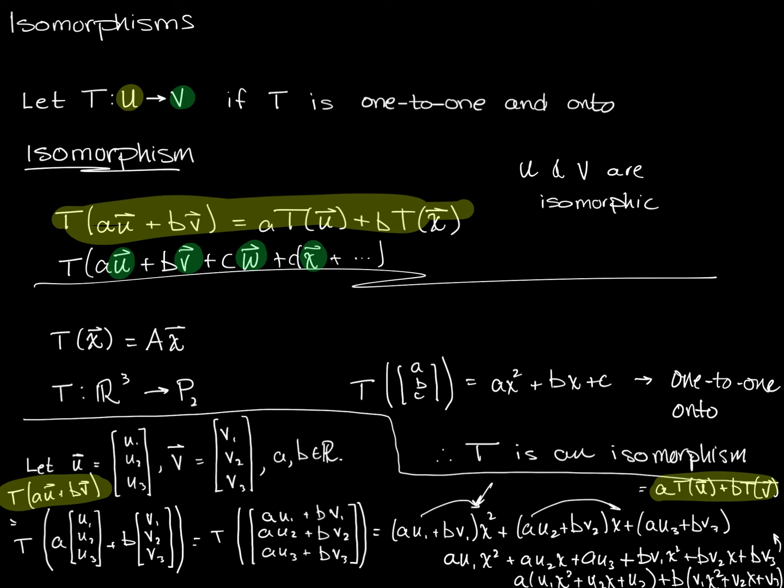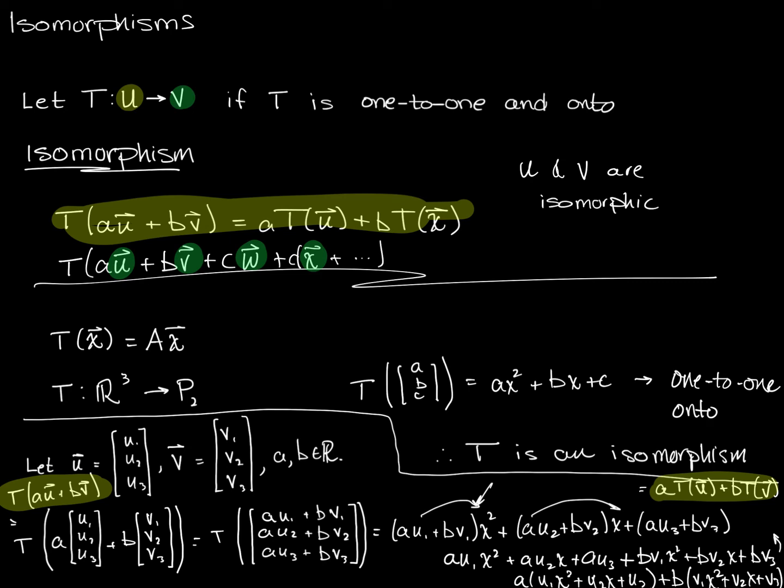And you also know that the dimensions of the domain and the codomain are the same. So those are three nice things to fall out of a transformation which you know to be an isomorphism. Now, if you don't know that it's an isomorphism, then you can't say those things necessarily. But if you know that it's an isomorphism, then you can.